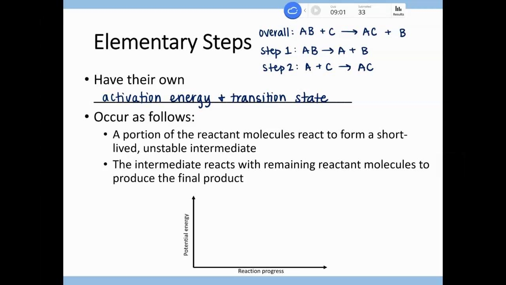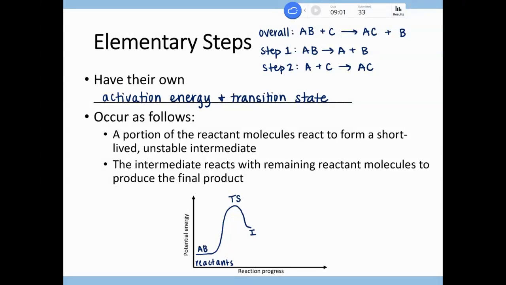So on a reaction coordinate diagram, we have step 1 and we have step 2. Step 1, reactants are AB. We'll say they're at that energy level. AB, they've got activation energy, a transition state, and will form A and B, but A is that intermediate.